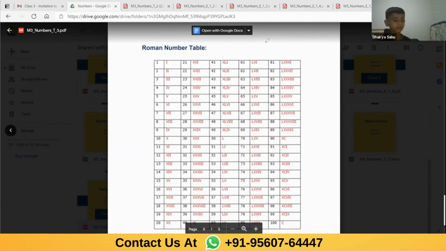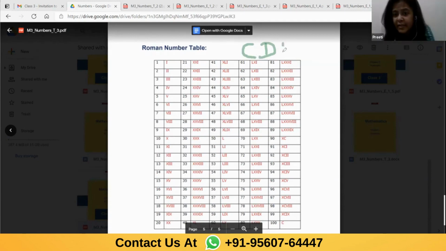The symbol of 500 is D. If I take out 100 from 500, will I get 400? Yes. So if I write C on the left hand side of D, CD becomes 400. Okay. Now your question is 450.